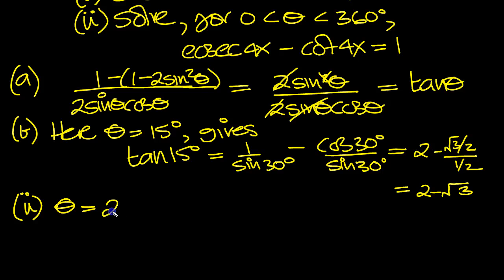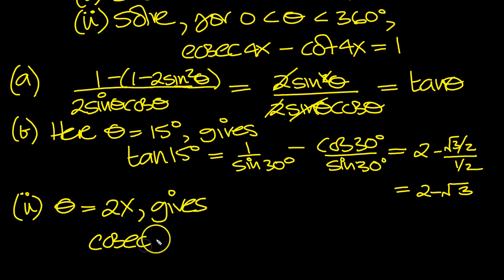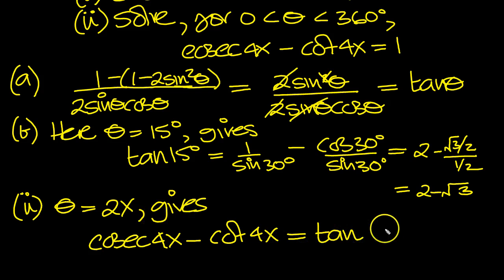Theta equals 2x gives, and then we'll get cosec 4x, for 1 over sine 2 theta, minus, and then cos over sine is going to be cot 4x, and that will equal tan of theta, which is tan 2x, equals, and then we can replace that by 1. So tan 2x equals 1 is the problem then.